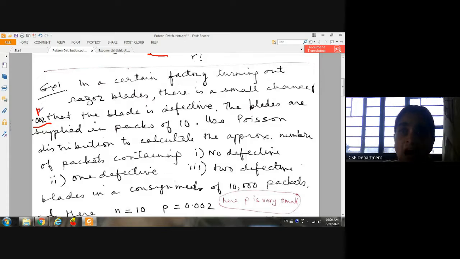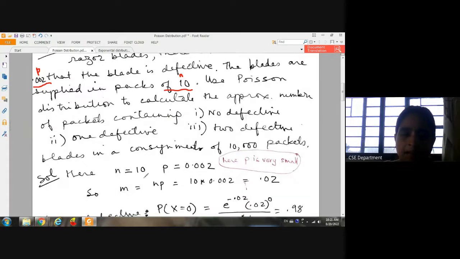And how many blades are there in a packet? There are 10 blades. Packs of 10 blades. So this is n. So n and p has been identified. So first step here, n is 10, p is 0.002. So we have identified n and p.